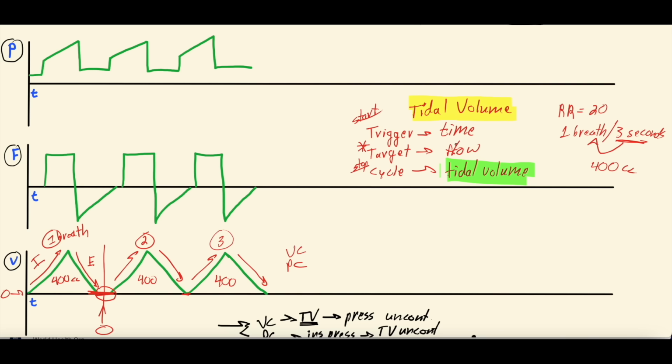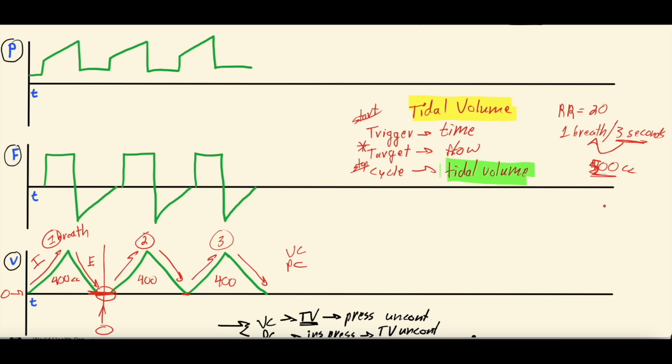So if I say I want the patient to get 400 cc's, let's just do 500 because it's an easier number. The ventilator goes, no problem. I know that if each breath that I'm giving, I'm just making up numbers here, is going to be 1 second long, and I need to give 500 cc's, I know how much air to flow in that second. It's 500 cc's per second.